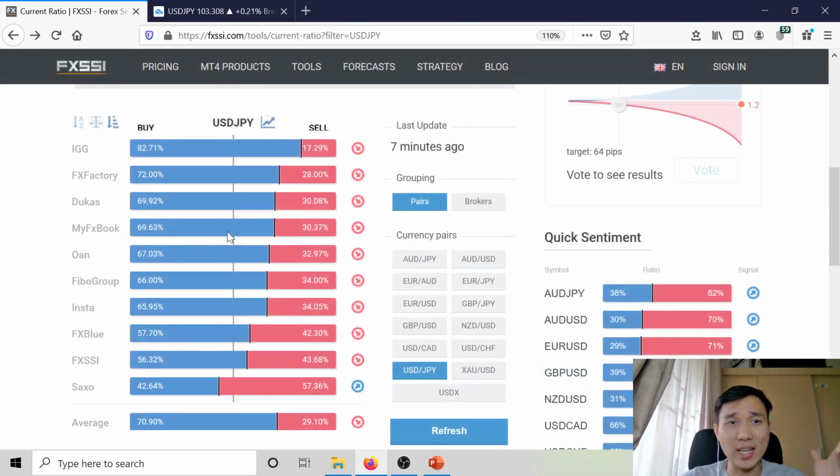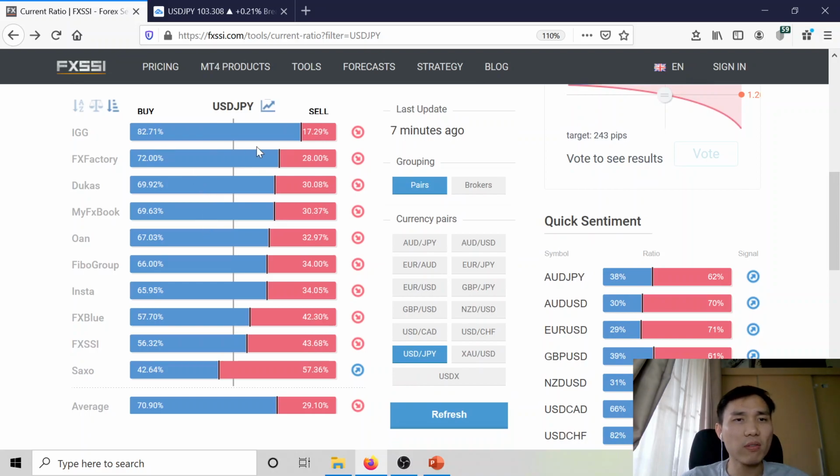Based on this data, you can see the blue means long or buy, and the red one is selling or short. The majority of traders from these big brokers are long or buying this pair, US dollar Japanese yen, and only around 30% or so are selling.